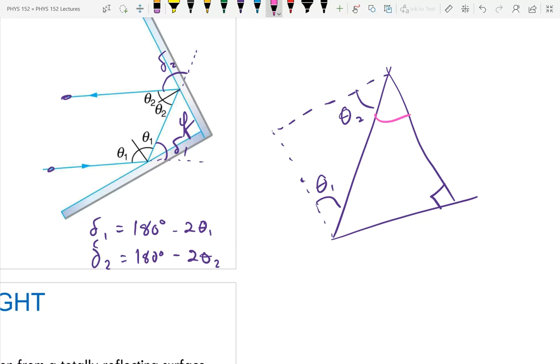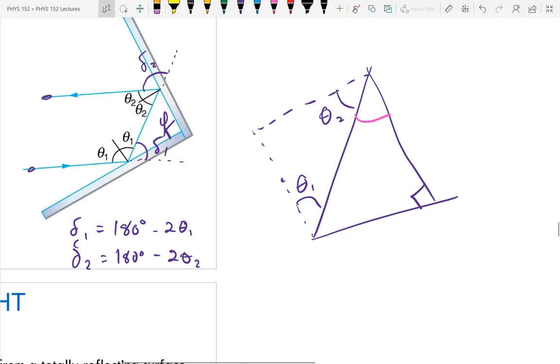What's this angle going to be? 90 degrees minus theta 2 is the direct way to determine, because I have a right angle between my mirror and its normal, and theta 2 is the angle between normal and that ray. So the angle between the mirror and that is 90 degrees minus theta 2. And over here, it'd be 90 degrees minus theta 1.